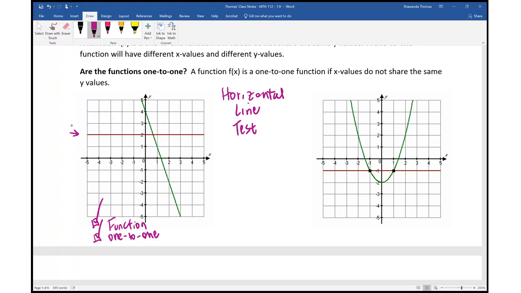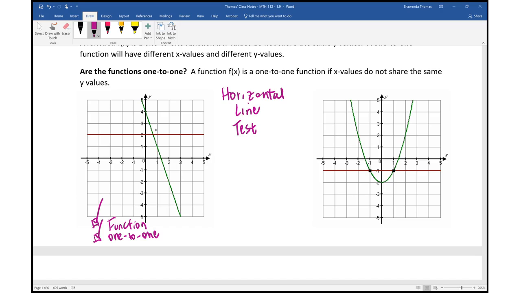If you drew a vertical line, it will only touch that graph once, therefore it is a function. And by that maroon horizontal line, you can see that it passes the horizontal line test as well. So therefore it is a one-to-one function. If it passes the horizontal line test, it is a one-to-one function.